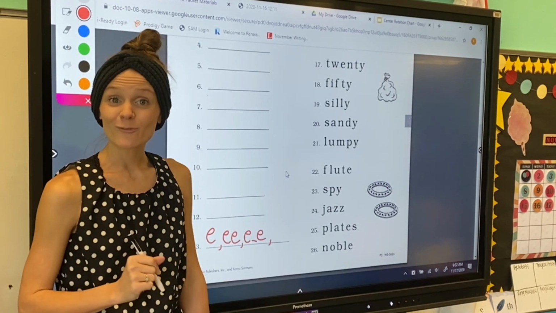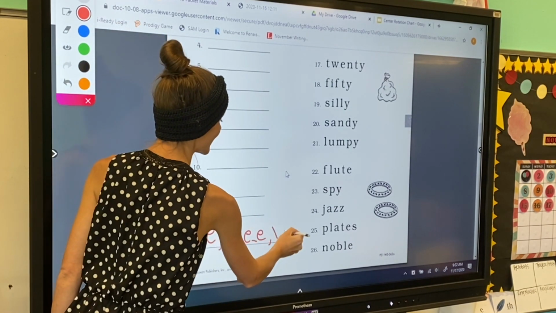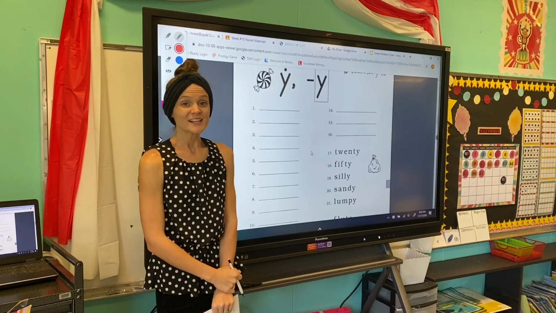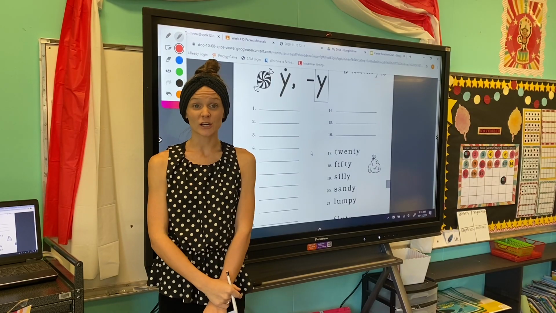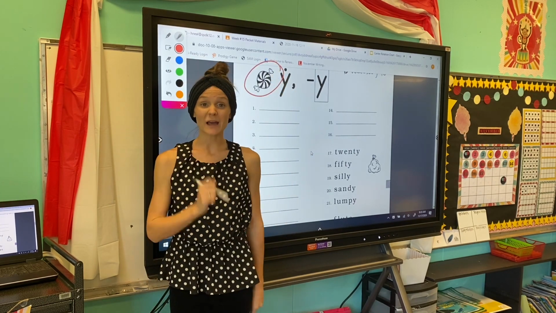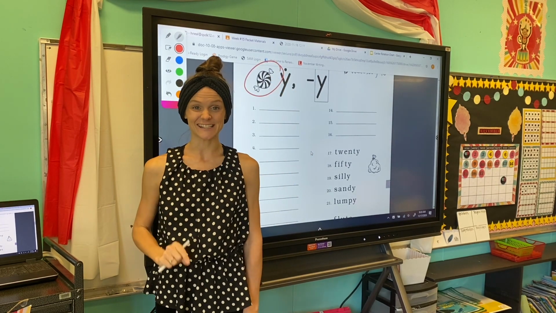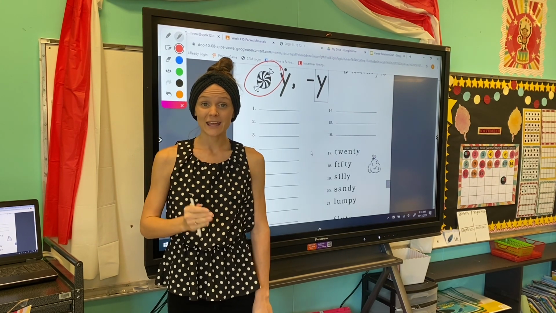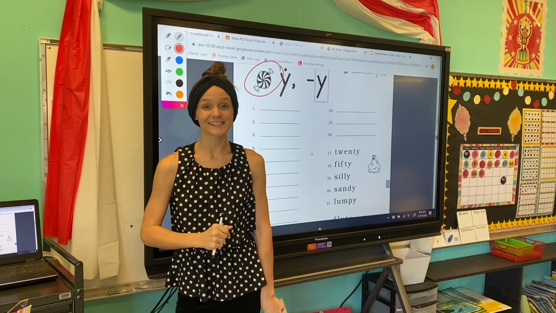And today we learned that letter Y can make the E sound. Very good. So when we look up here at the top of our worksheet, we can see our key word for this new spelling rule is candy, because candy ends in letter Y, but it's making the E sound.